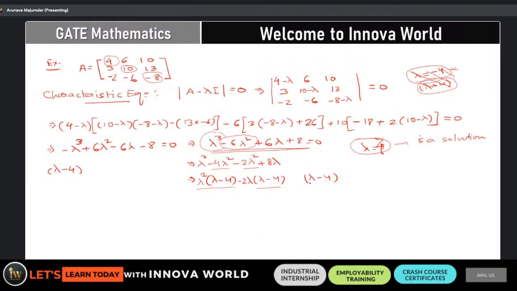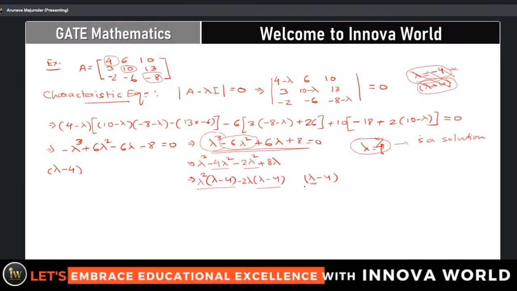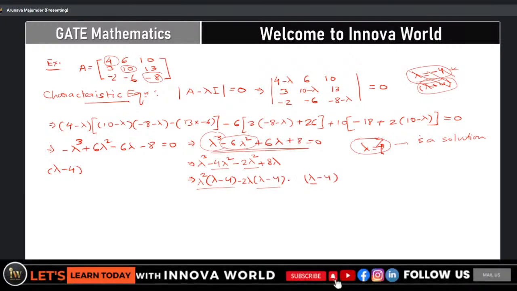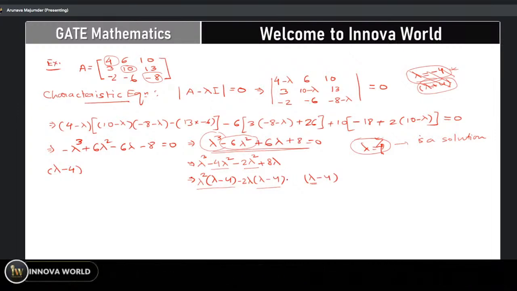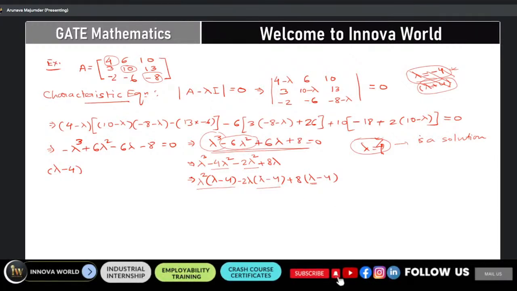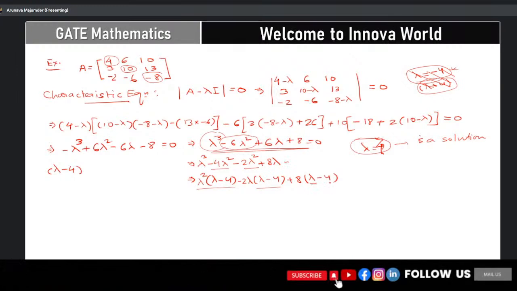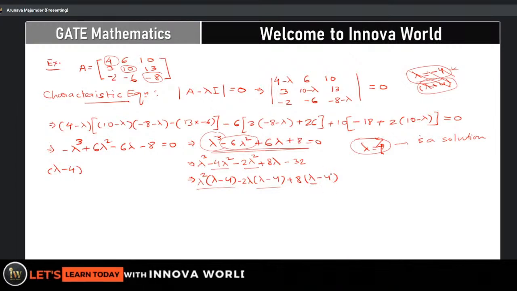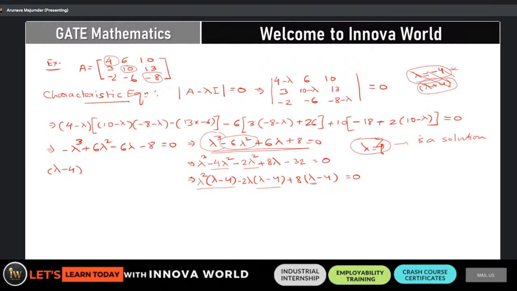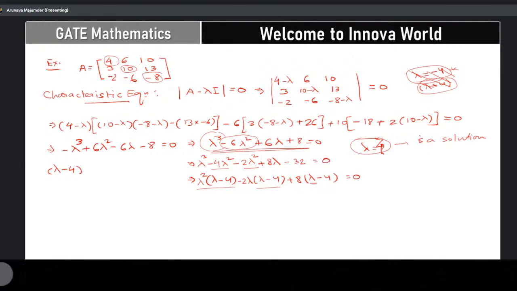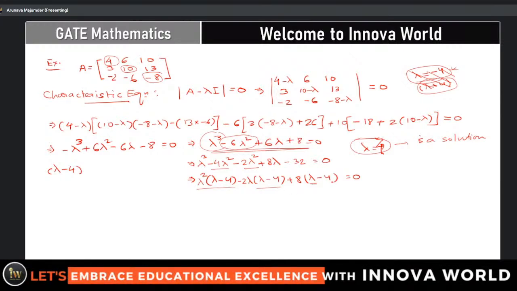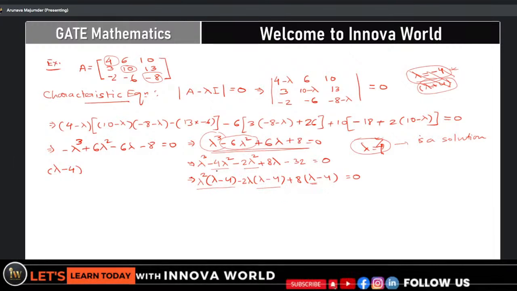Now here, what is this? This is only lambda. So what can we do? Plus 8 lambda. Now it is minus, 0. You can see now, can I get this particular equation?